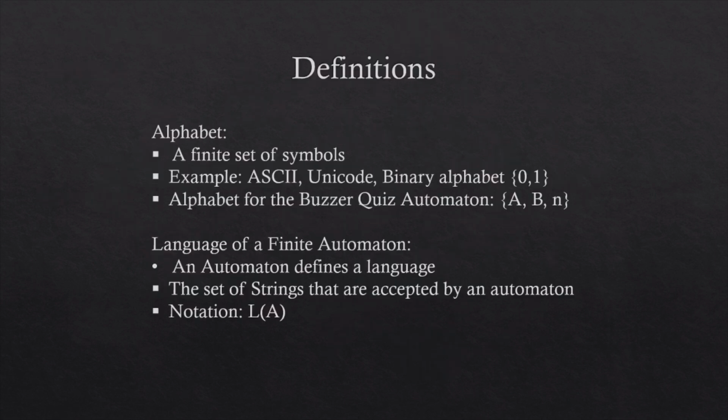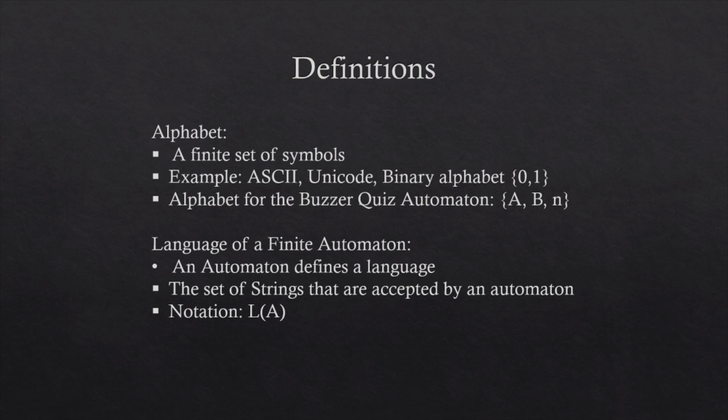Now, let's go over some more formal definitions, and you'll already know about some of these. An alphabet is a finite set of symbols. Two of the most common alphabets that we work with are ASCII and Unicode. But it can be as small as a binary alphabet that consists of only 0 and 1.